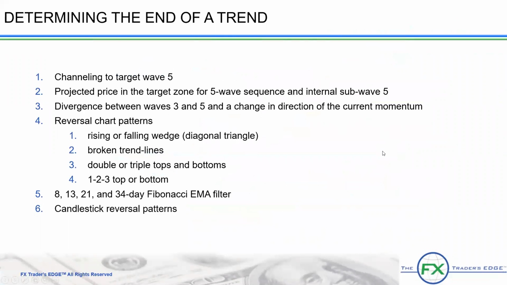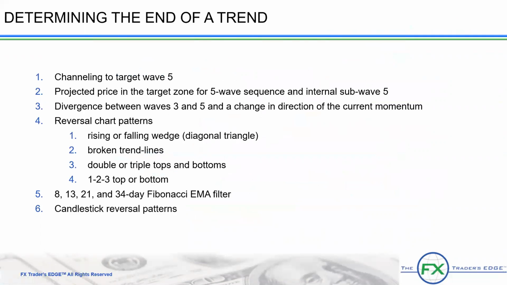So last week we discussed determining the end of the trend, and these points can come in handy for the PW trade. We discussed channeling to target wave 5, and then channeling to target the internal subwave 5.